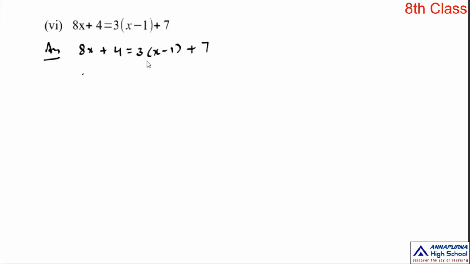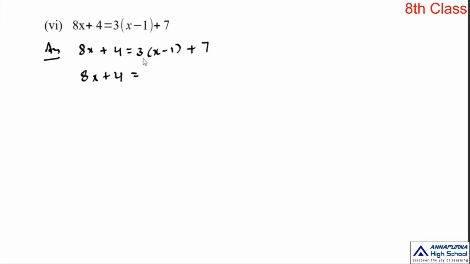Here we are simplifying only the right side part, so I am writing the left side part as it is. 8x plus 4 is equal to, here the first term is 3 into x minus 1, which means 3 multiplies every term inside the bracket. Inside the bracket we have one algebraic expression, so you are multiplying this algebraic expression by a number.